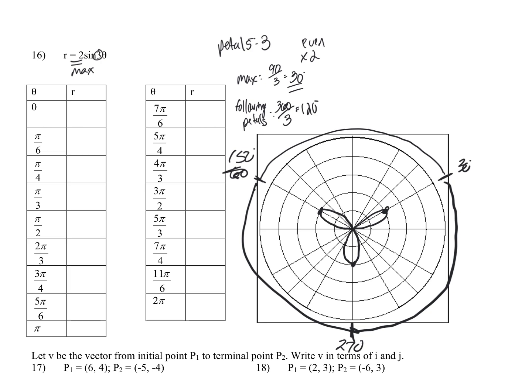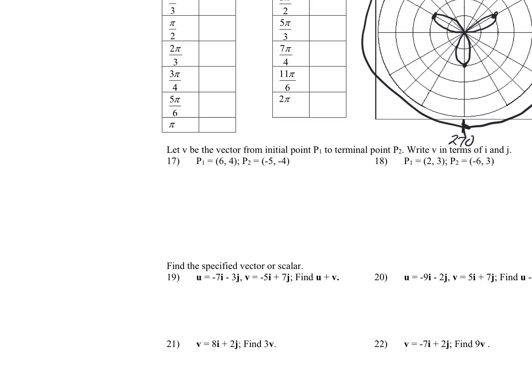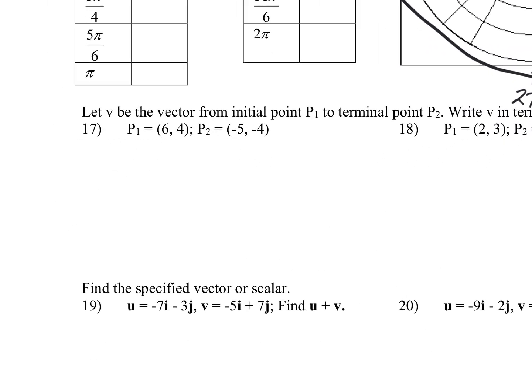So finding the vectors from 2 coordinate points, the key here, remember, it's always x2 minus x1 for i, and y2 minus y1 for j. It's not interchangeable. It has to be, this is x1, this is y1, this is x2, this is y2.